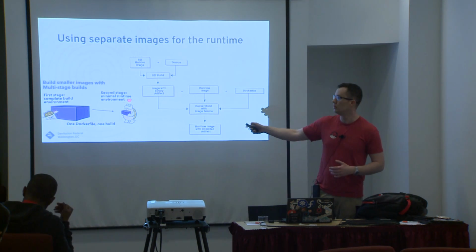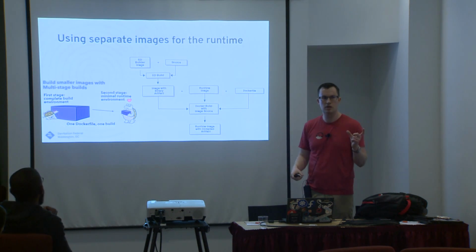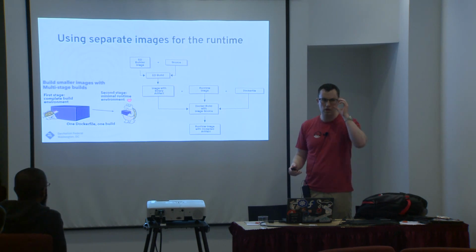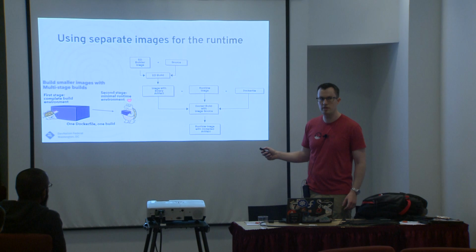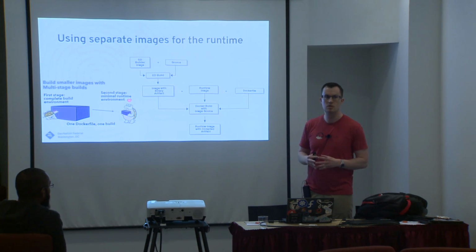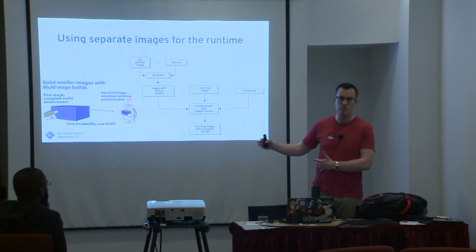These have trade-offs if you're deciding between the two. I think the main benefit of the multi-stage build is that it's all in one Dockerfile, so it's a little easier to manage. There are some really big benefits to using source to image, though. I think the biggest thing is that I've now enabled separate teams to manage these things. I can have one team that maintains my runtime build and another team that maintains the build time.